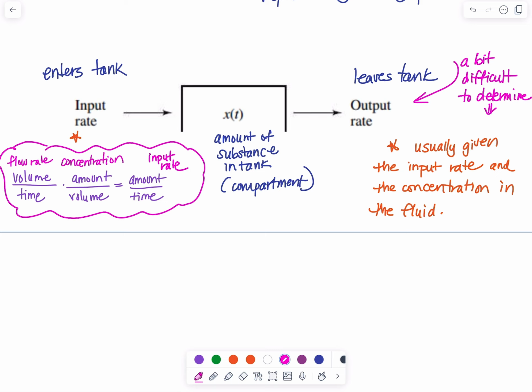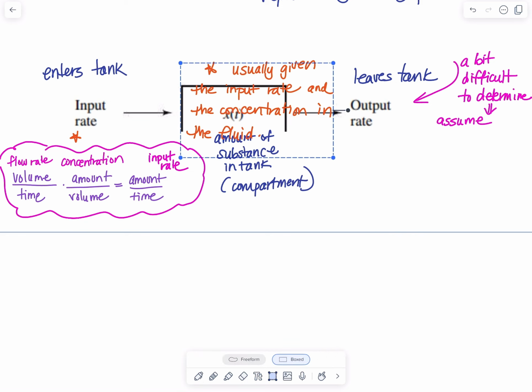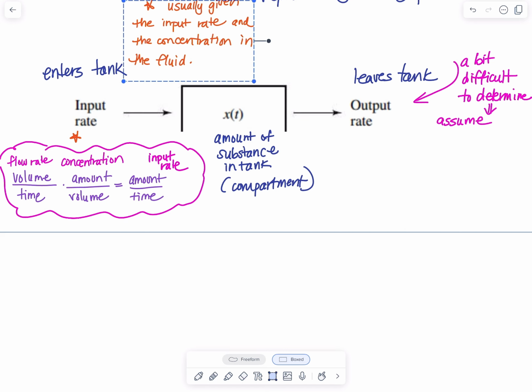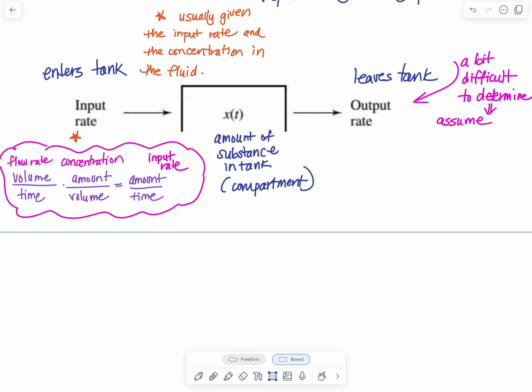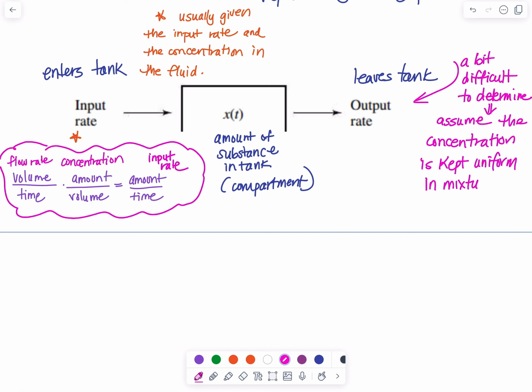So we usually make the assumption, I'll put this over there where that orange star is, that the concentration is kept uniform in the mixture, and that will help us in determining that output rate.